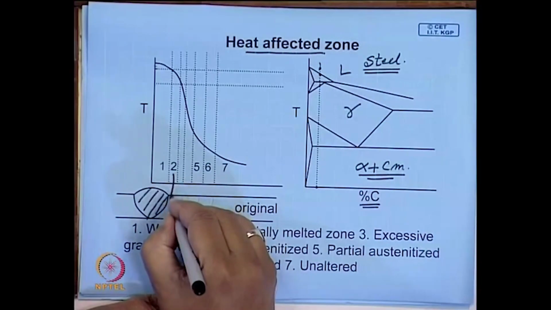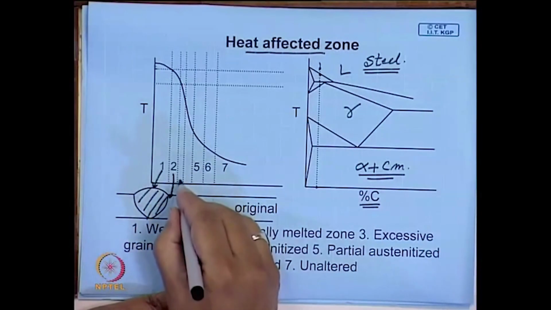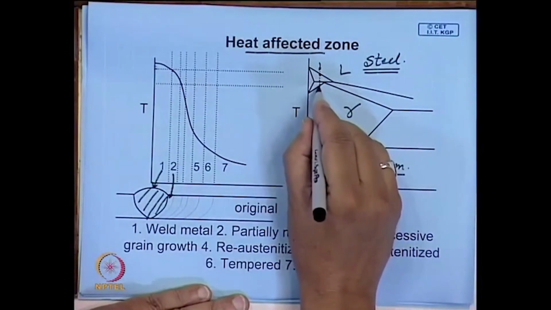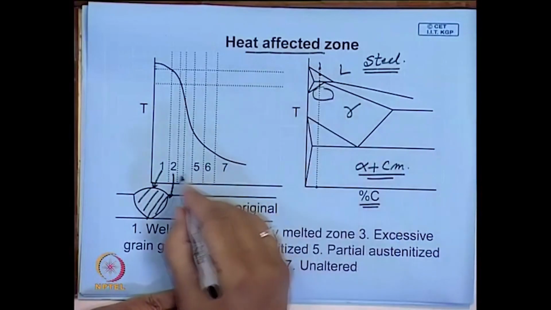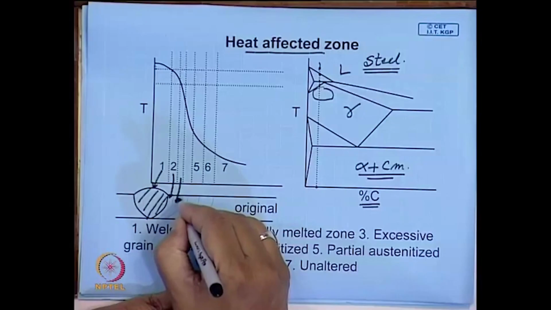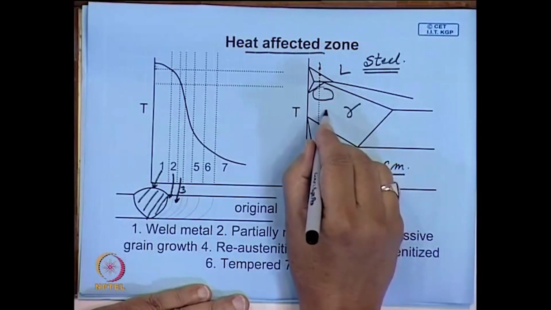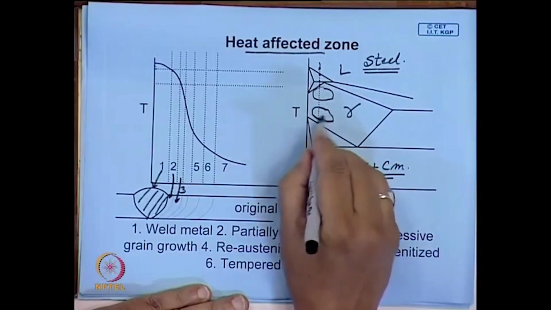This is zone 1, this is zone 2, and there will also be a zone just after this which will be heated to these regions. This is zone 3, and there is another zone which is a normal heat treatment region.